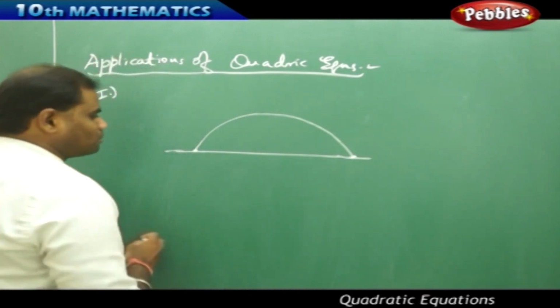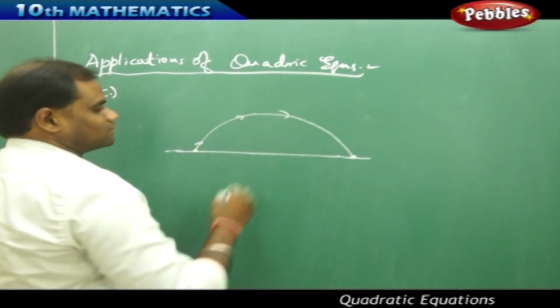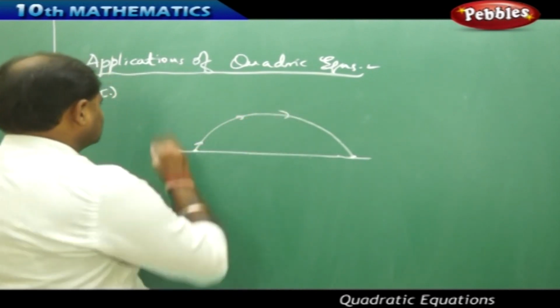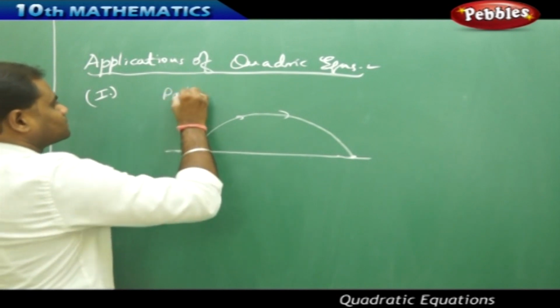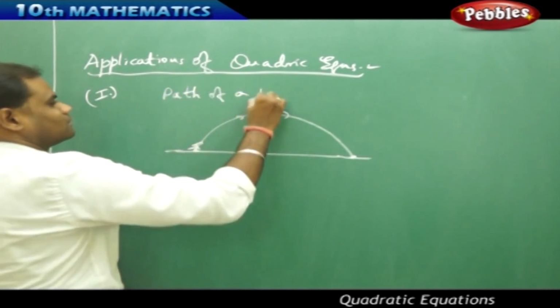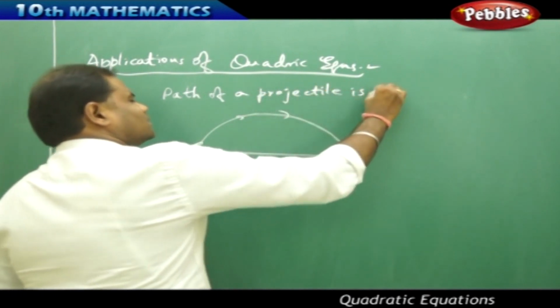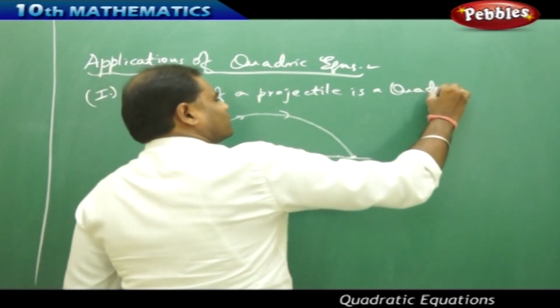Throwing of a ball, or the path of a projectile, gives us a quadratic equation. So the first application is that the path of a projectile is a quadratic.